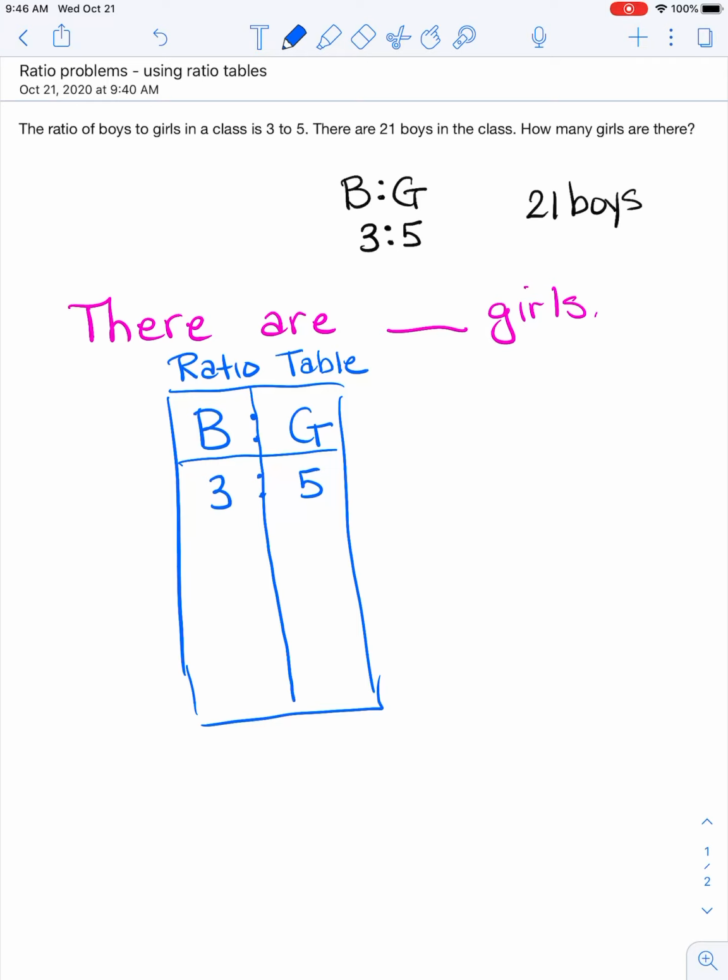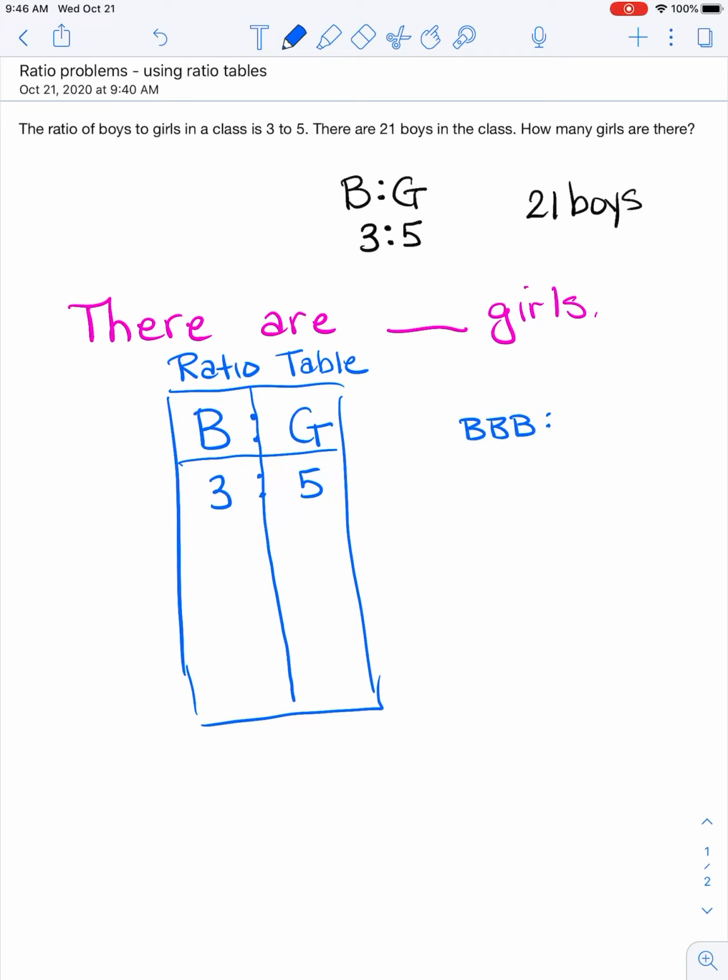Now remember that a ratio is a pattern that repeats. So next to the table, I'm going to go back to my original strategy, which is repeating the pattern. If I have 3 boys, I'm going to do this.